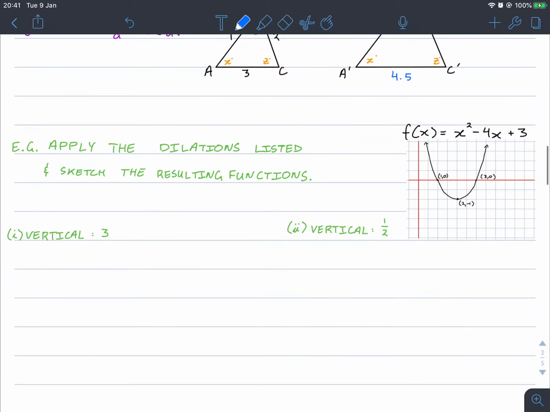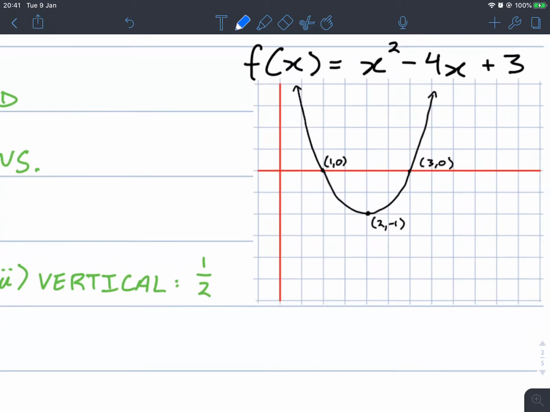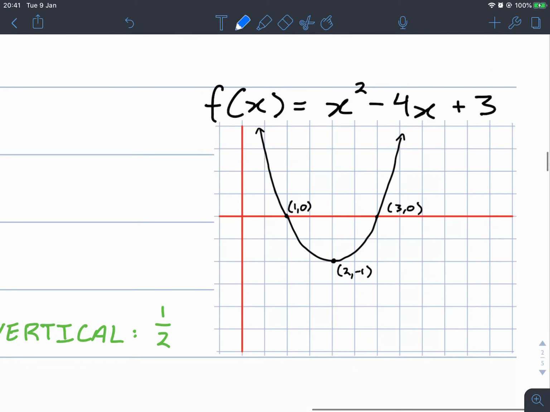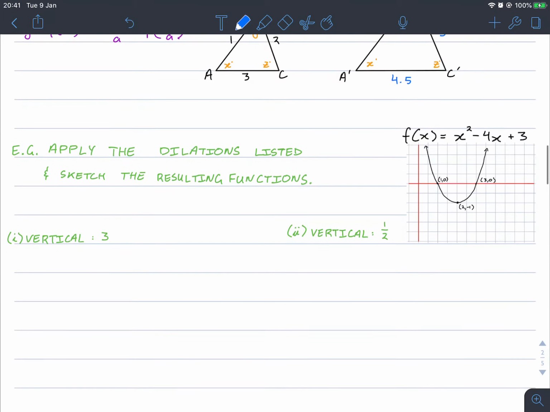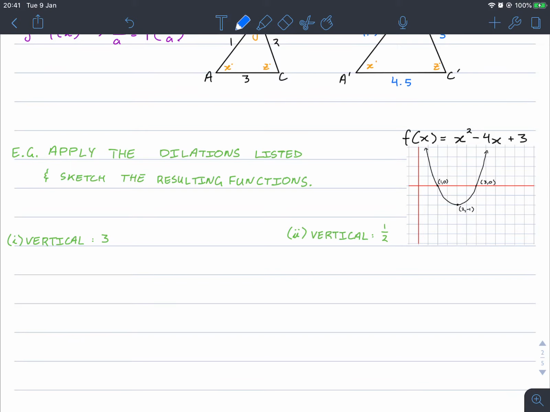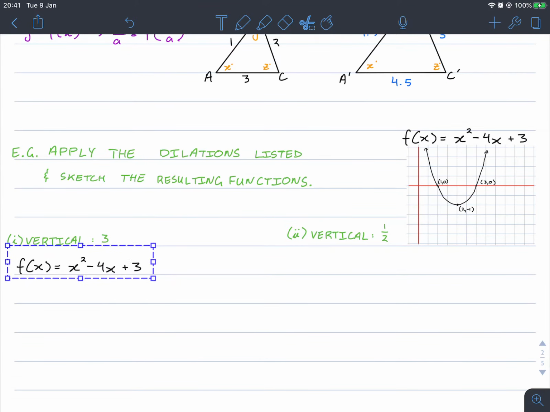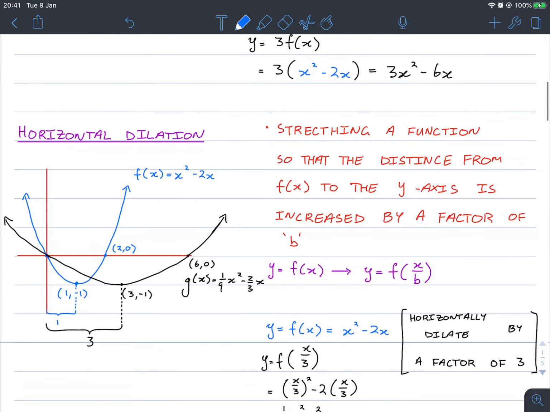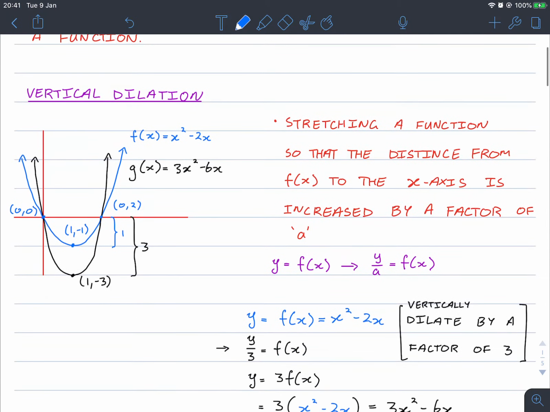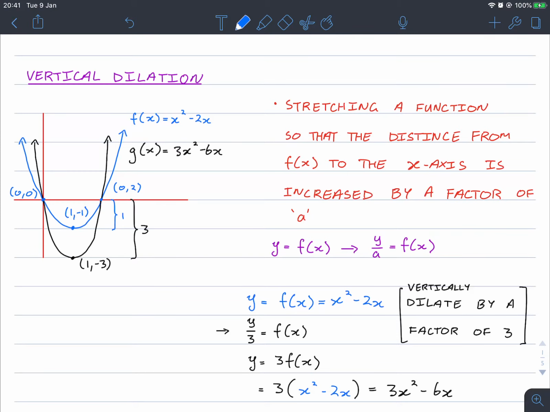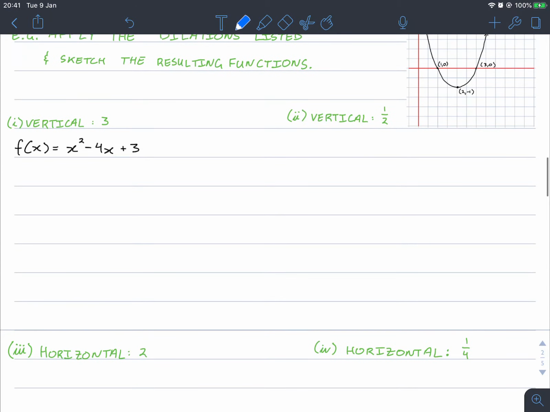Okay, so let's apply the dilations listed and sketch the resulting functions. Here's our original function, and we want to dilate it vertically by 3. Here's my original function. Let me copy this. And for vertical dilations, just so we remember, we replace y with y over a.